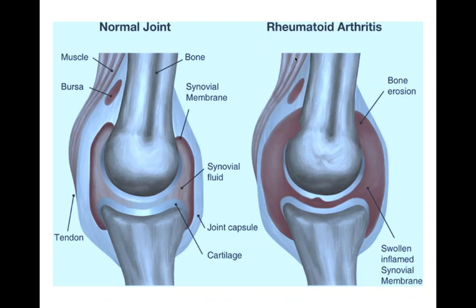Whenever the diagnosis of rheumatoid arthritis has been made, we have to start the patient on DMARDs, disease modifying anti-rheumatic drugs. They have to be started within 3 months of diagnosis of rheumatoid arthritis.